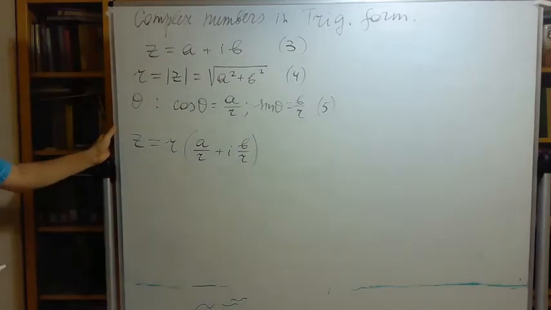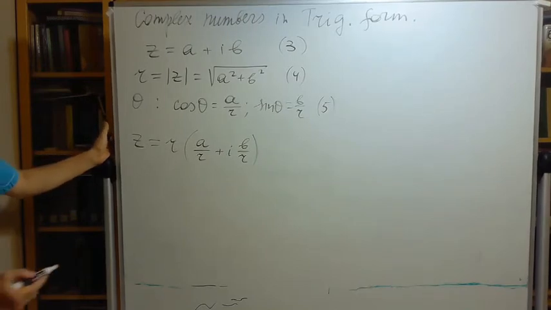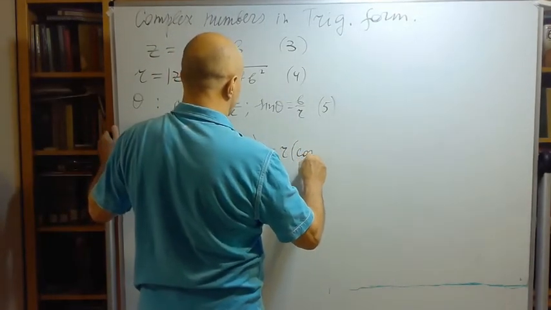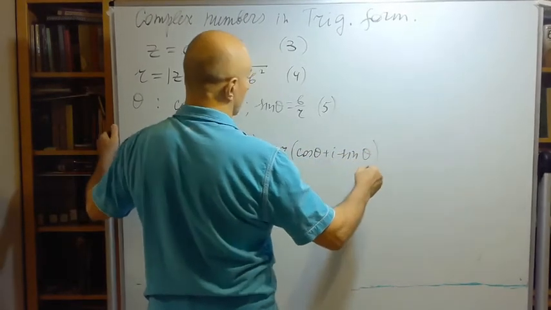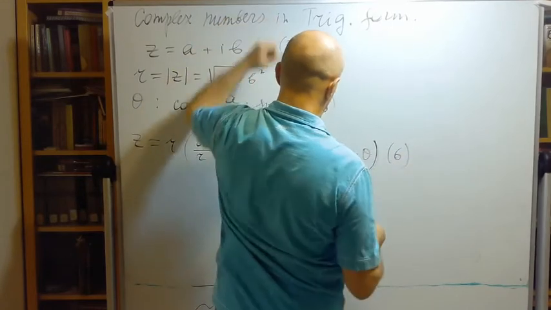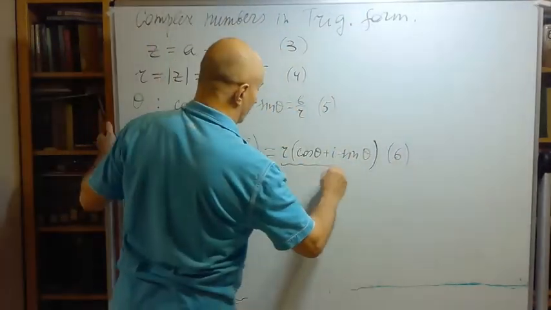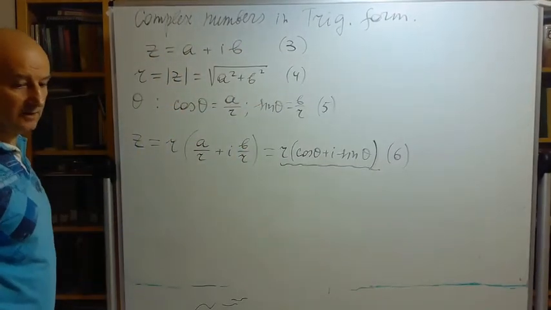What is this? a over r is cosine theta, b over r is sine theta. So it will be r times cos theta plus i sine theta. This will be formula number 6, and this formula presents number z in trigonometric form.